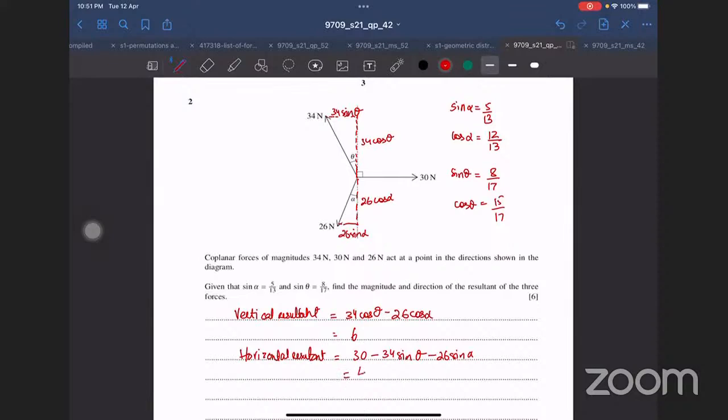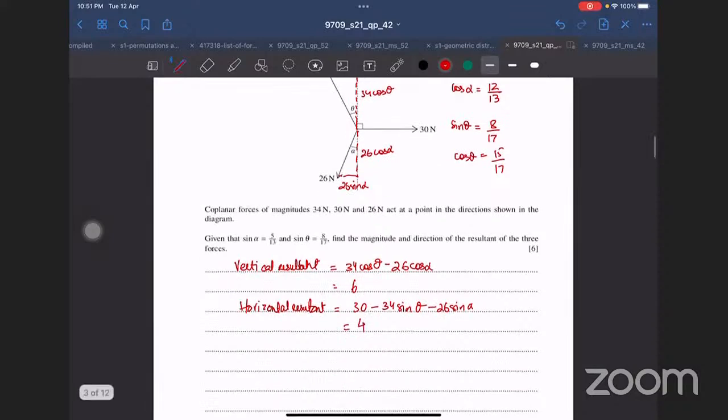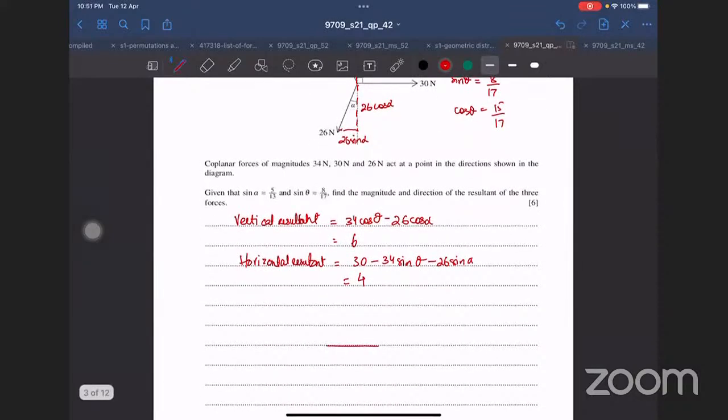I get 4. So there's a horizontal resultant that looks like this, and there's a vertical resultant that looks like this. So the overall resultant must go like that, and using the Pythagoras theorem, R square should equal 6 square plus 4 square.